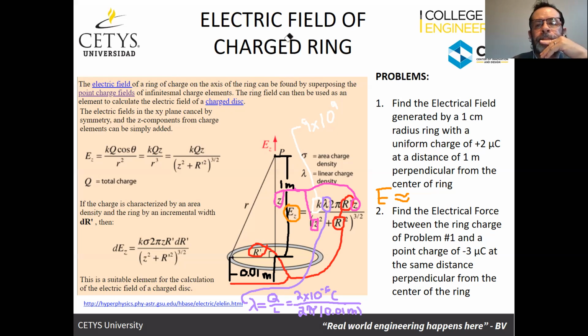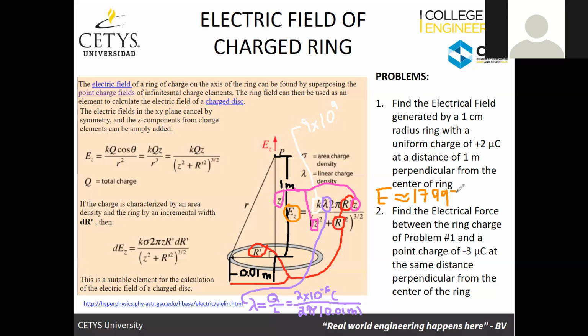Okay, let's see. 17,997.3. So I'm going to round it up, so it's approximately 18,000. Rounded up, 18,000 Newtons per coulomb.